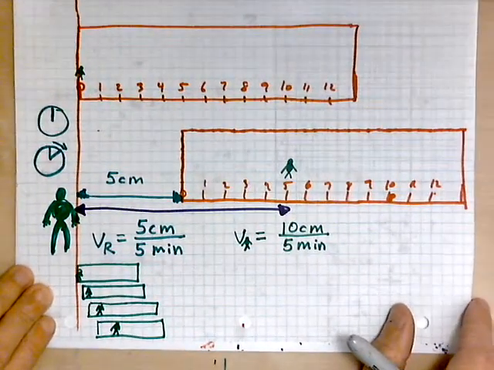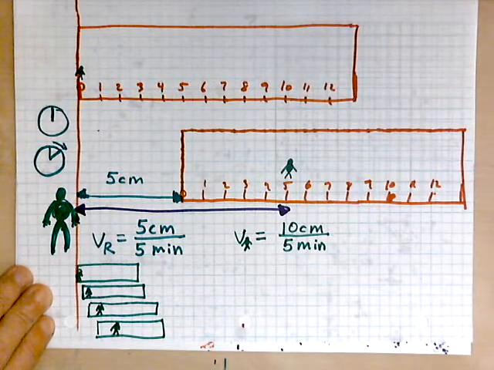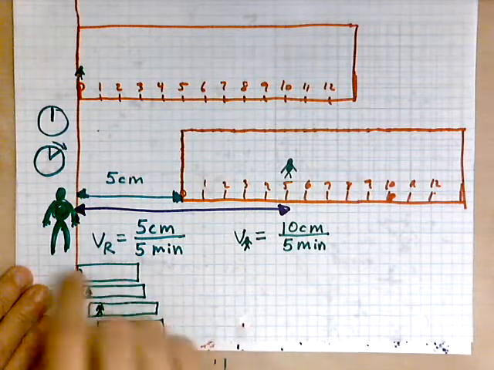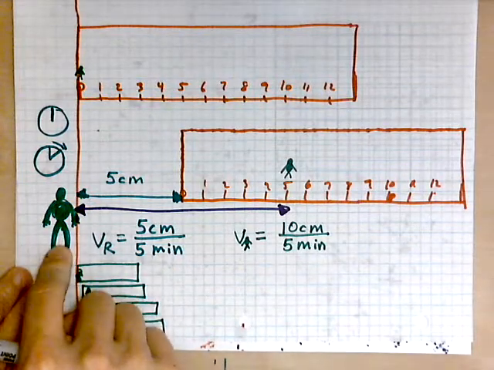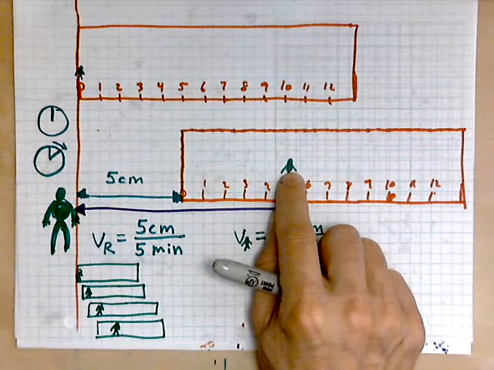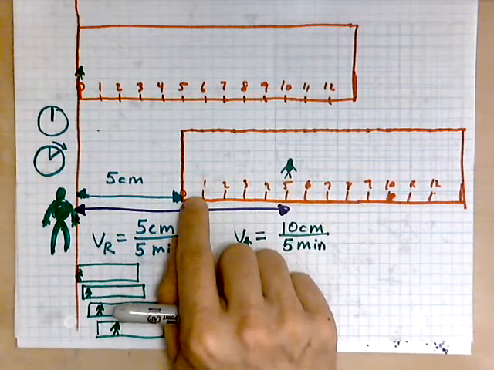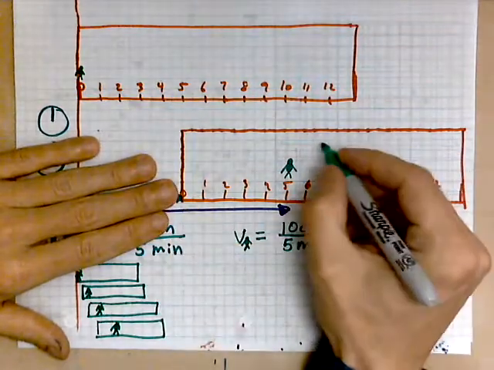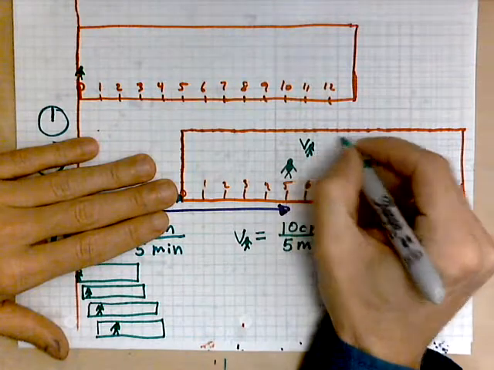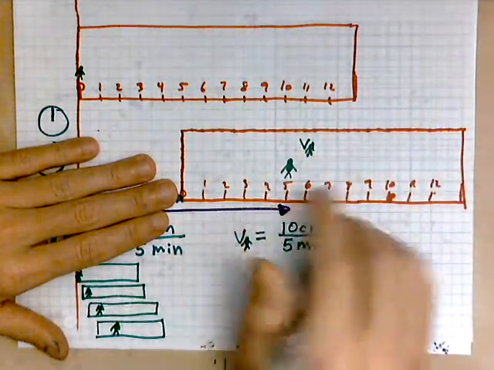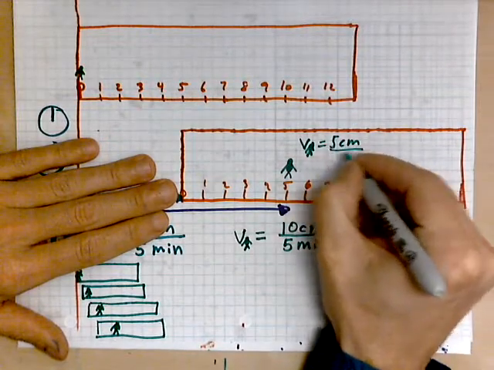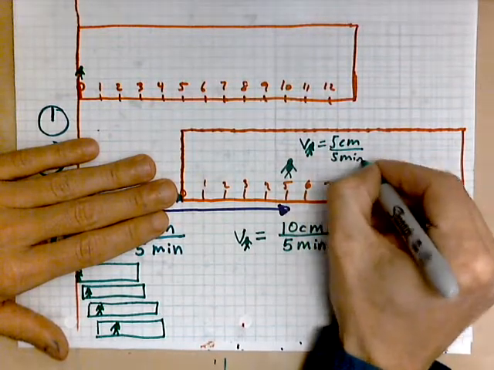So what we can say is the following, that the ruler moves at 5 centimeters per 5 minutes relative to this guy over here. This guy, the little dude, relative to the ruler, moves also at, so the velocity of the little dude relative to the ruler is also 5 centimeters per 5 minutes.